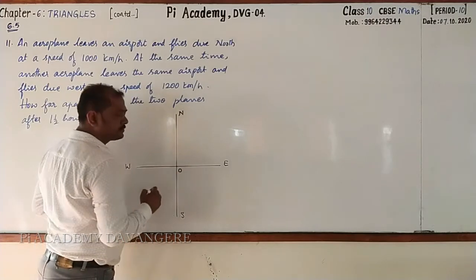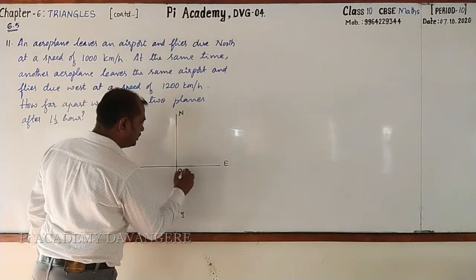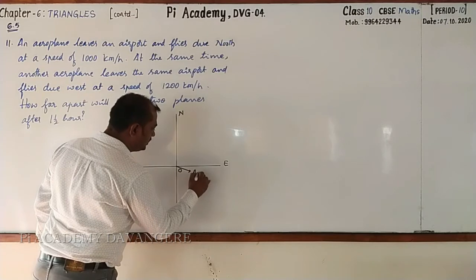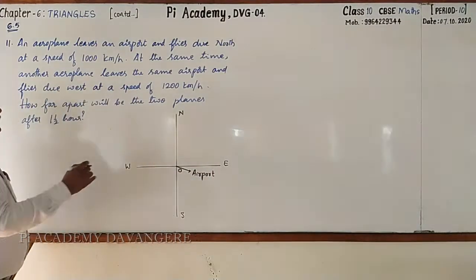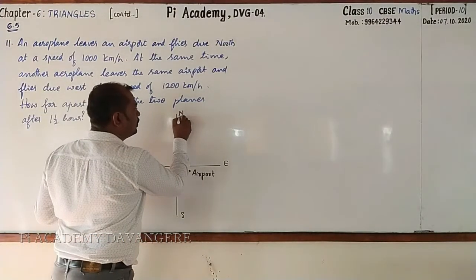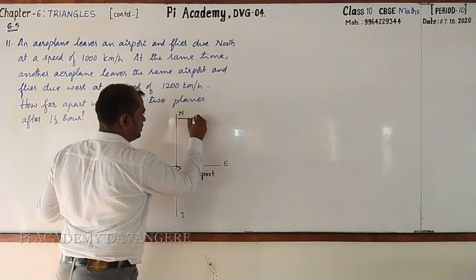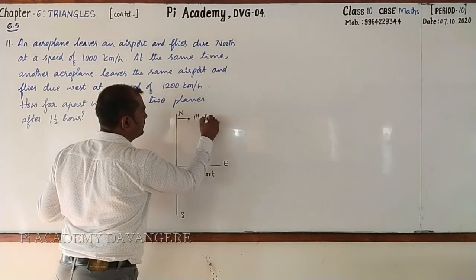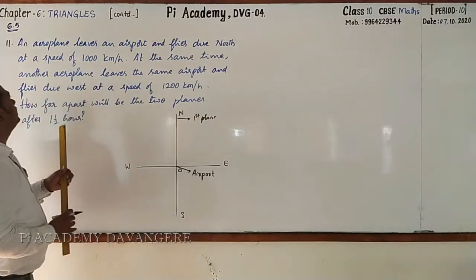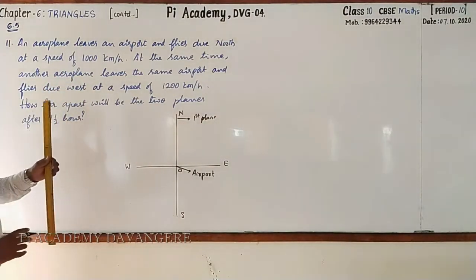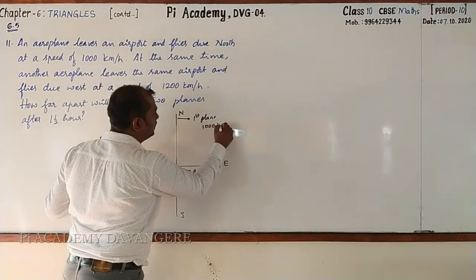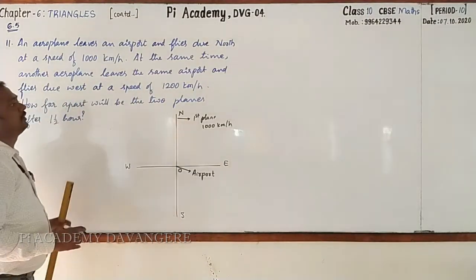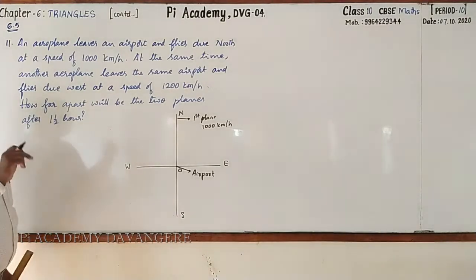I call this point O, which is the airport. Next, the first plane will move towards north, with a speed of 1000 kilometer per hour, for 1.5 hours.